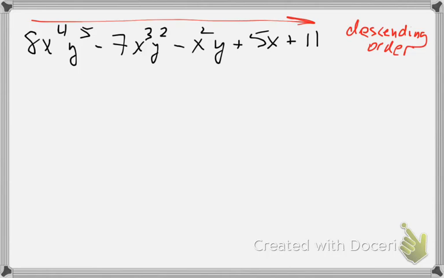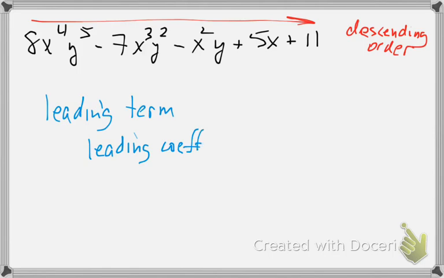So, do we have a leading coefficient? I'm sorry, do we have a leading term, first of all? 8x to the fourth y to the fifth. The leading coefficient then would be 8.